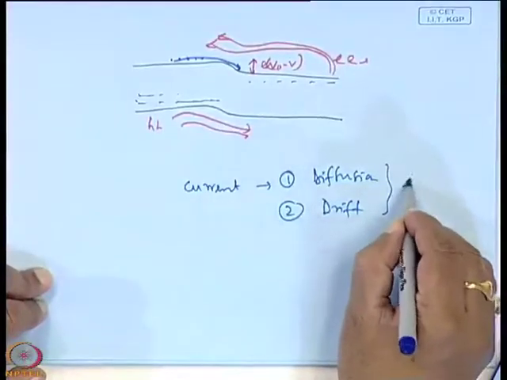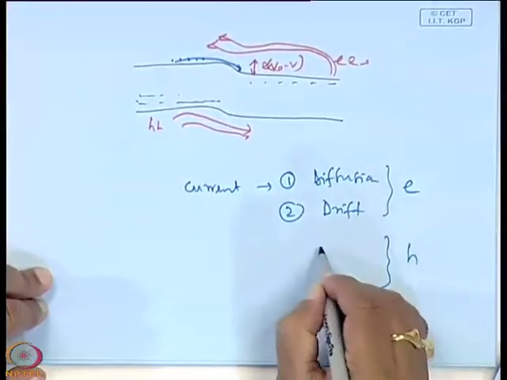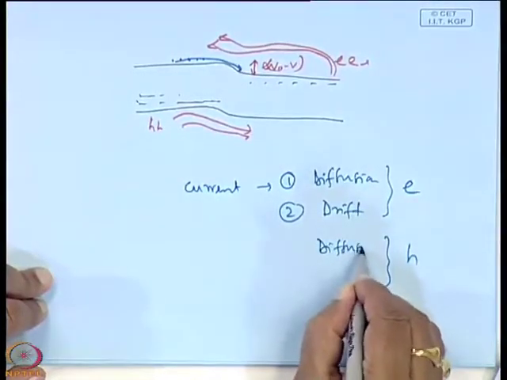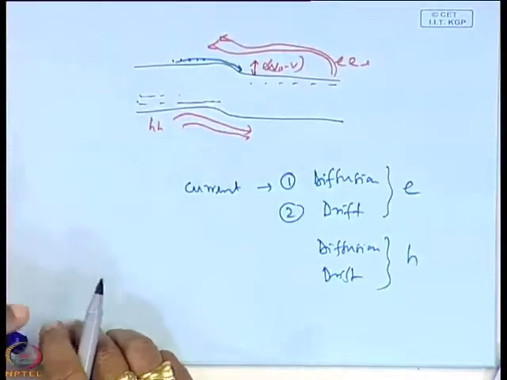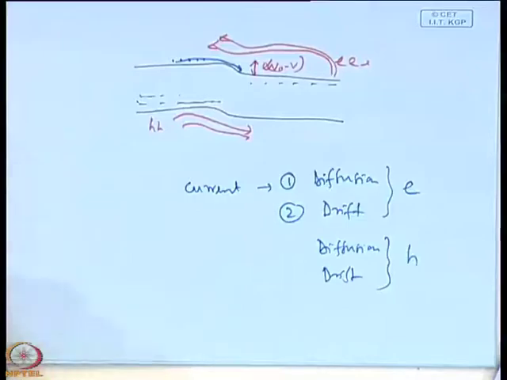Similarly, it will be for electrons. Similarly, for holes also there will be diffusion and there will be drift. So, electrons will have two components, diffusion current and drift current. Similarly, holes will have two components, diffusion and drift.